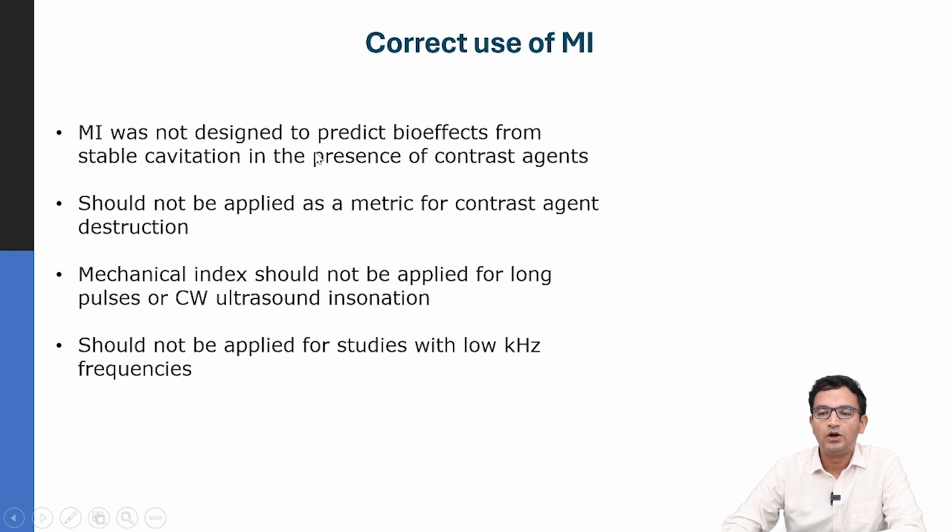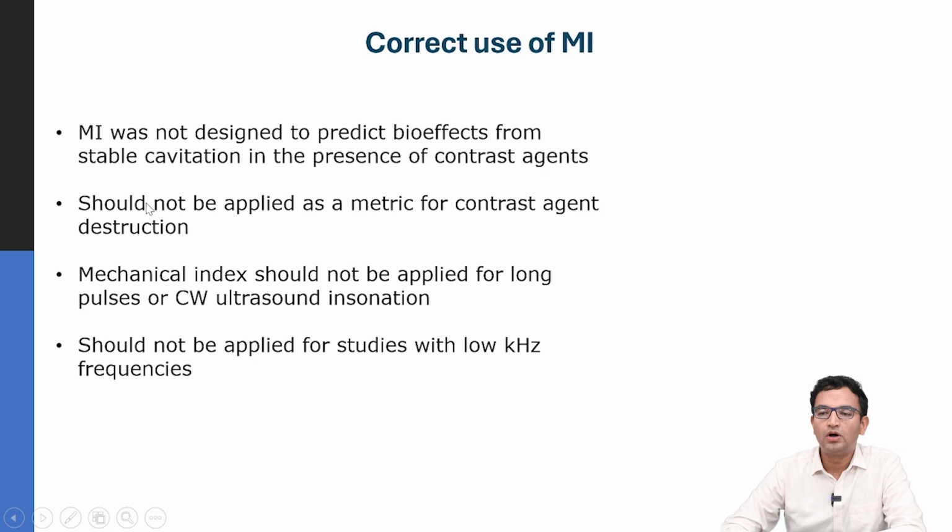Now, note that MI was not designed to predict bioeffects from stable cavitation in the presence of contrast agent. So lately there has been some development. A new index called the cavitation index was reported by the Holland group, but it is yet to be adopted by regulatory agencies, but it's a very interesting work.